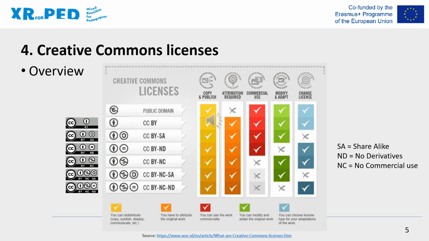CC BY NC SA is the Creative Commons Attribution Non-Commercial Share Alike license. This license lets others remix, adapt and build upon your work non-commercially, as long as they credit you and license their new creations under the identical terms.